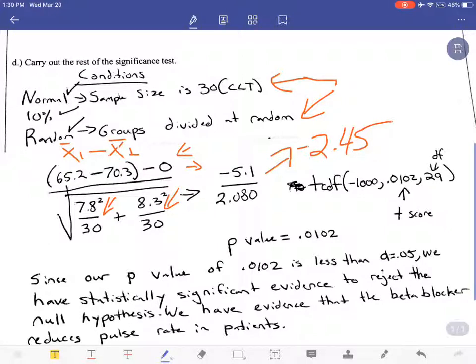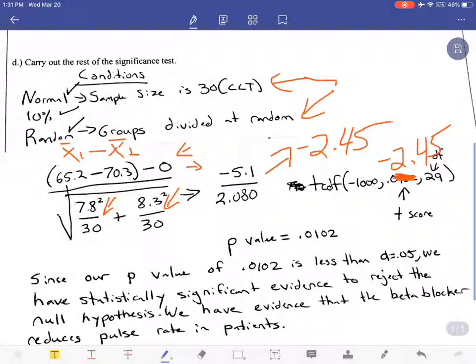And actually, I have this written down wrong. I put the final p-value in here. That's what we're going to put for our upper boundary. Our lower boundary is going to be negative infinity, and then our degrees of freedom is going to be 29. Again, for degrees of freedom, you take your smaller sample size out of the two, subtract 1 to get degrees of freedom.